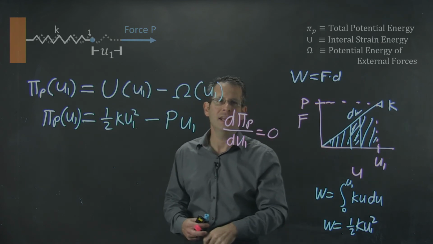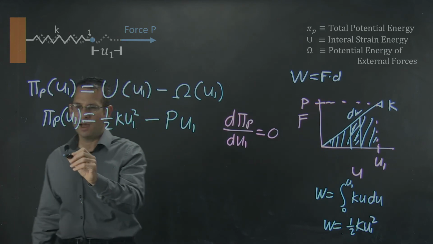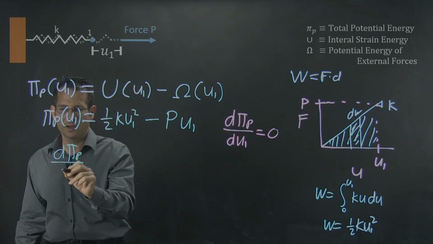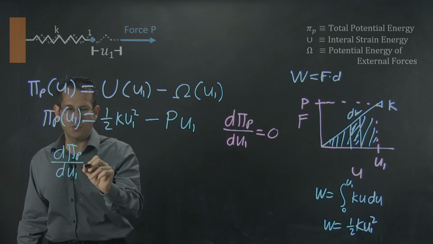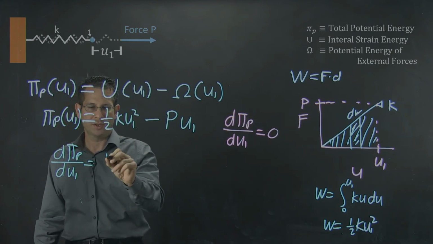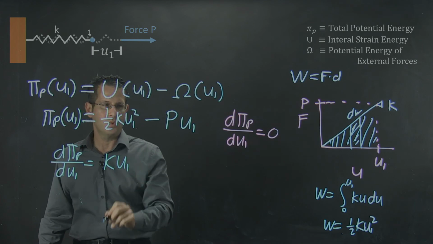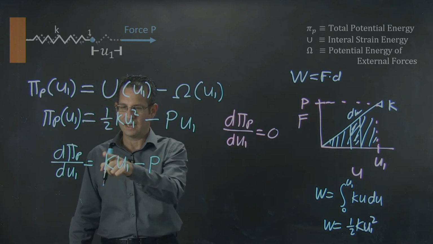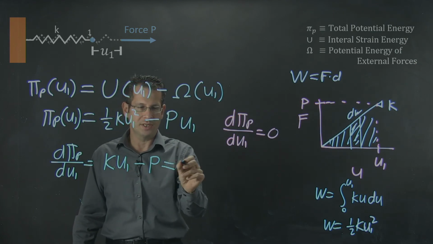So let me go ahead and do that now. I'm going to find that the change in potential energy with respect to U1 is equal to, this will be K U1, this will simply be minus P, and then I want to set my result equal to 0.